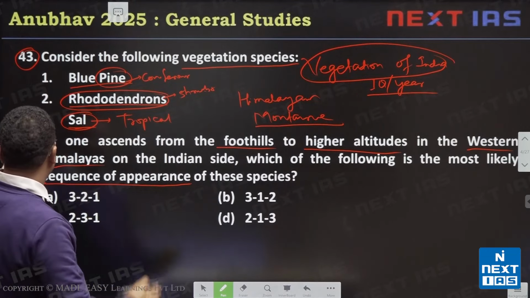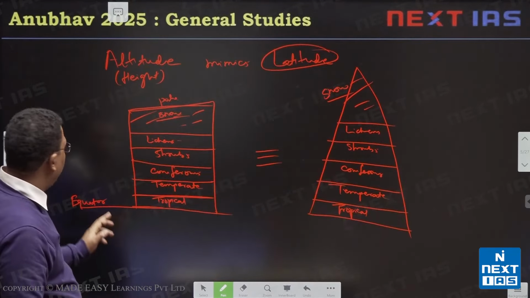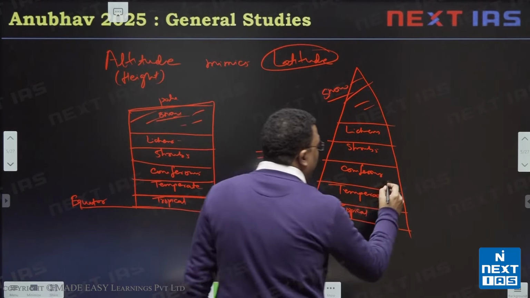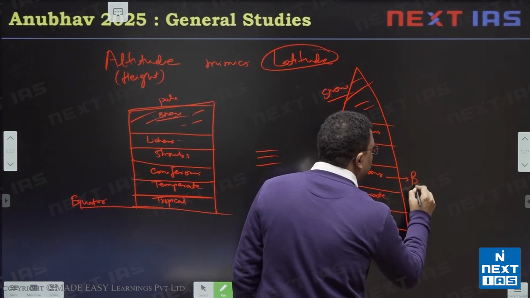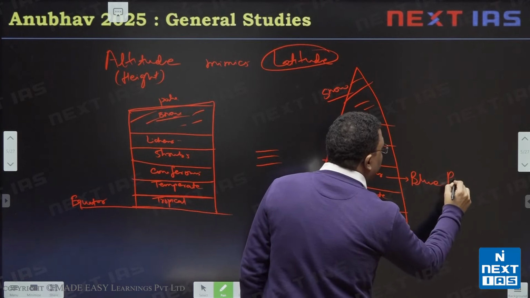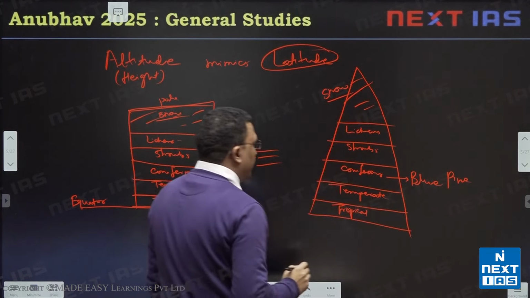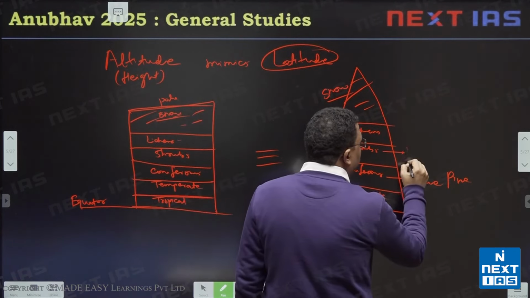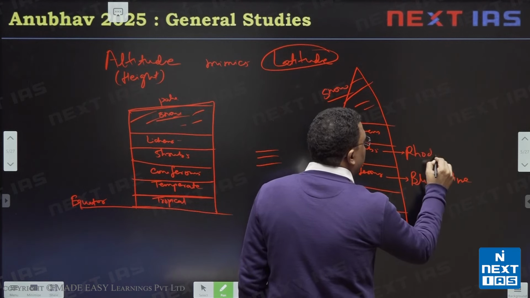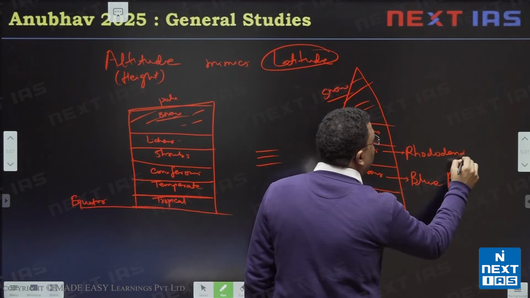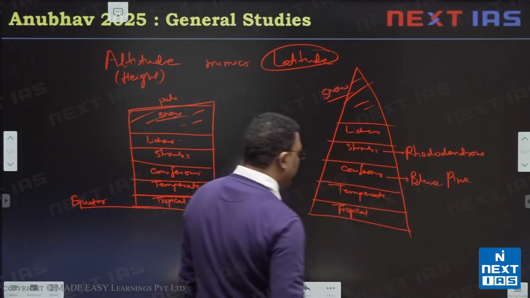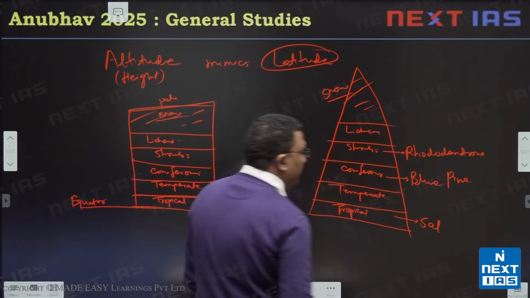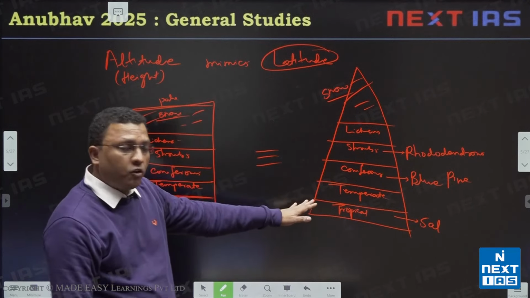So let's place them along the height of our mountain. We saw that blue pine is a coniferous forest, so that means blue pine will lie in this zone. Then there was rhododendron. Rhododendron is a shrub species, so rhododendrons will lie here. Then the third was sal, which is a tropical forest, so that will lie in the tropical zone.